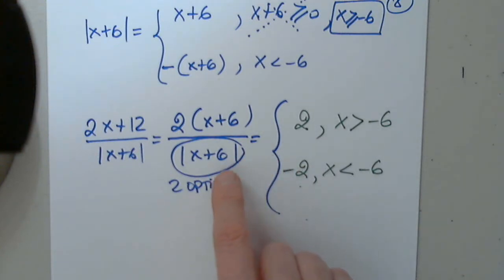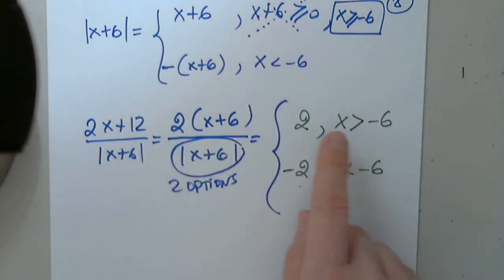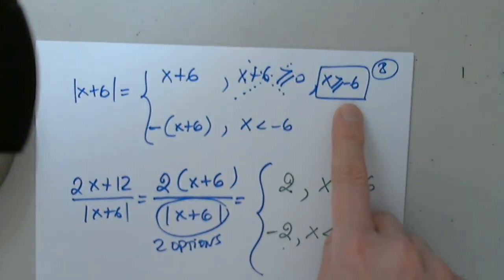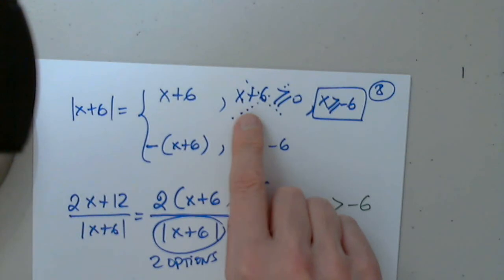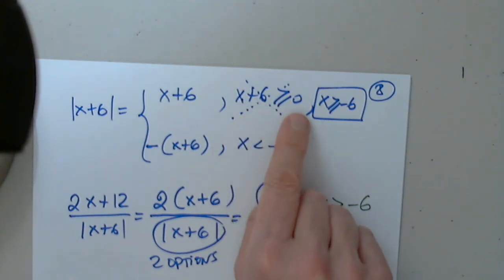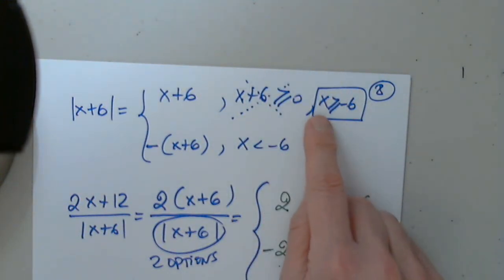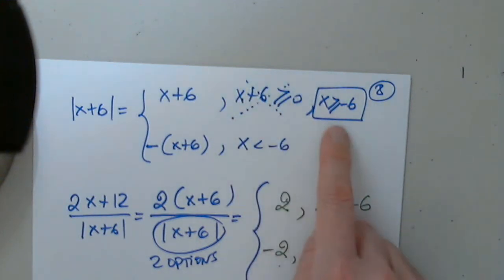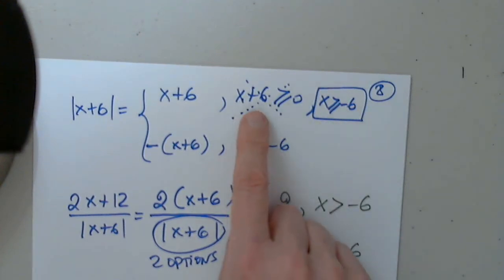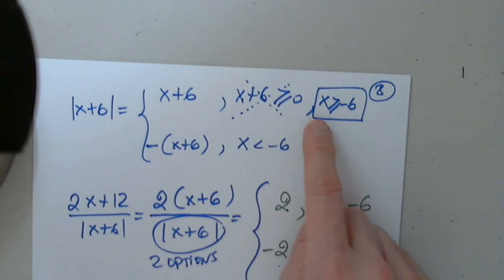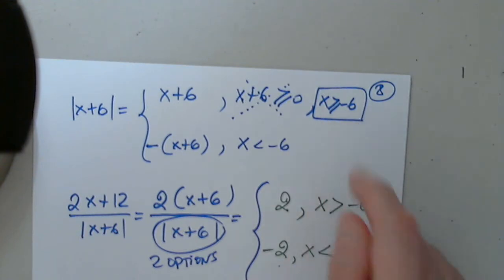The box at the top right of the page. So x plus 6 is greater than or equal to 0. It's an inequality. When I solve this inequality, I have to move 6 to the other side, which gives us x greater than or equal to -6.